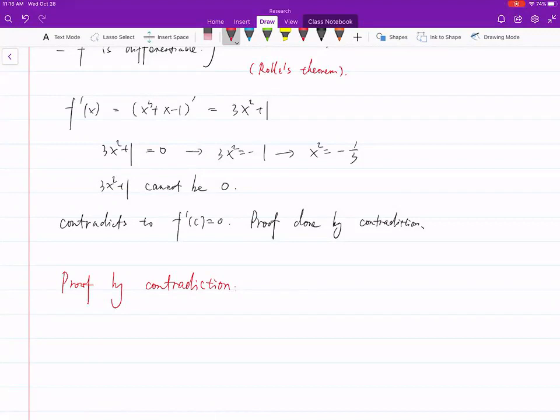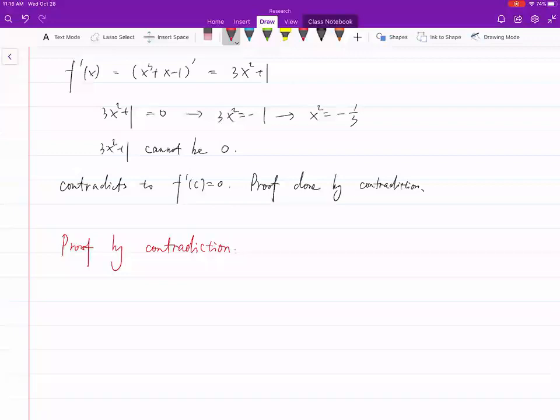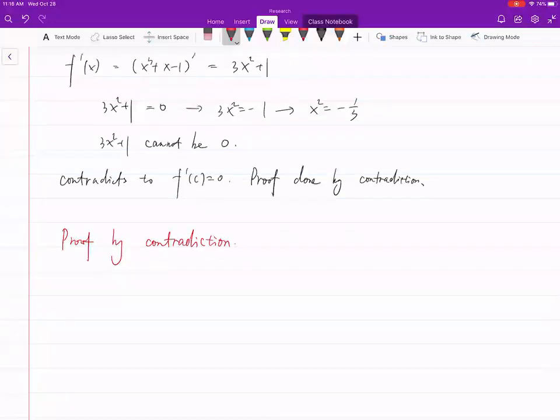Proof by contradiction is basically what happens here. You assume something happened. Assume A.